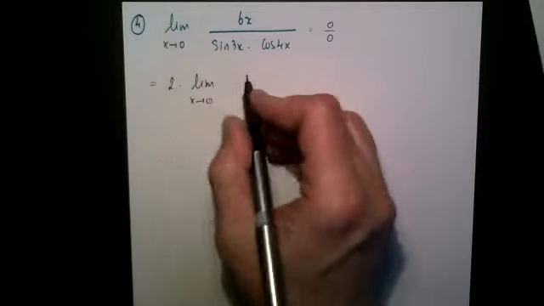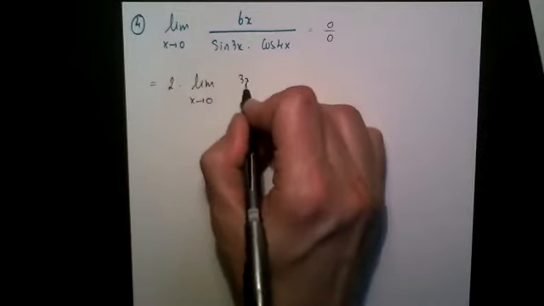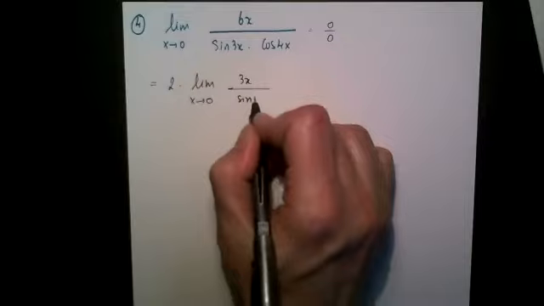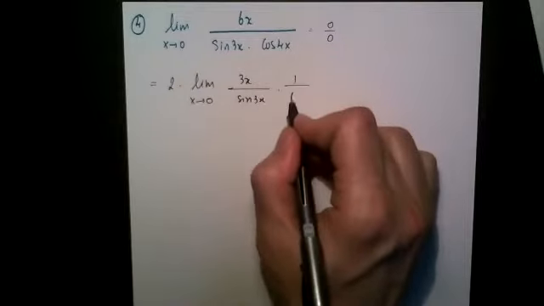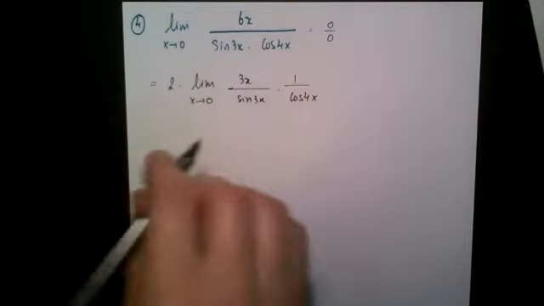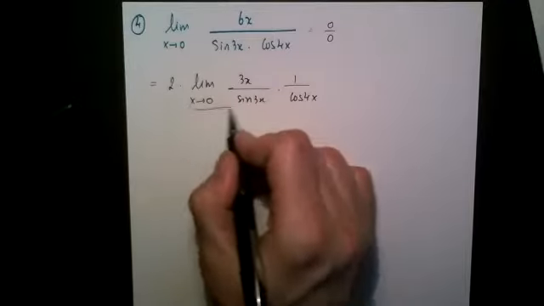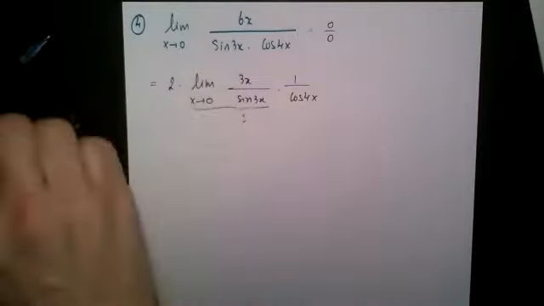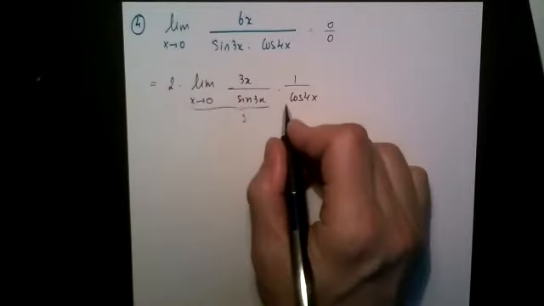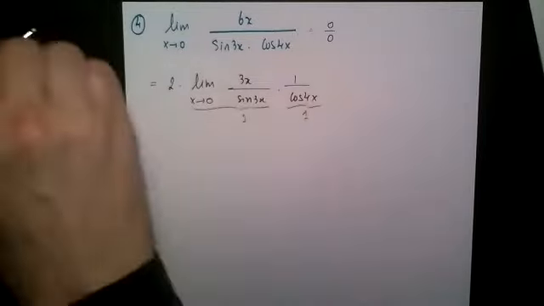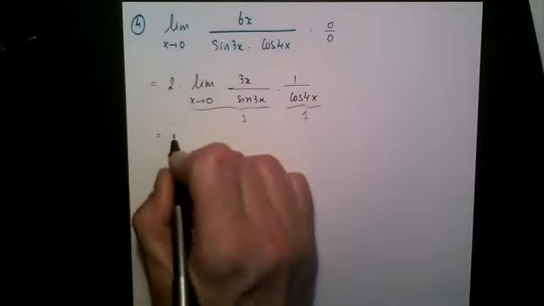Limit as x approaches 0. Why did I pull out a 2? Because now I have 3x over sine 3x times 1 over cos 4x. And as you all know, this limit here is 1. And this, of course, cos of 0 is 1. And so the answer is 2. Okay, straightforward.